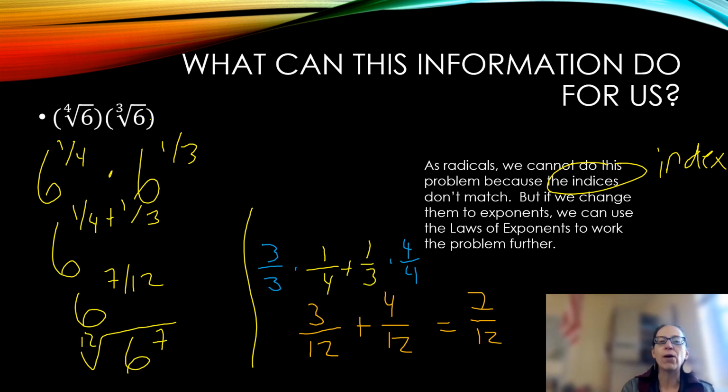Now, at this point, I do get students who try to draw a shortcut, and they say, well, I can just multiply the two indices to get the new index and then add the indices, and that will give me the new exponent on the 6. That'll work as long as you don't have other exponents in play.